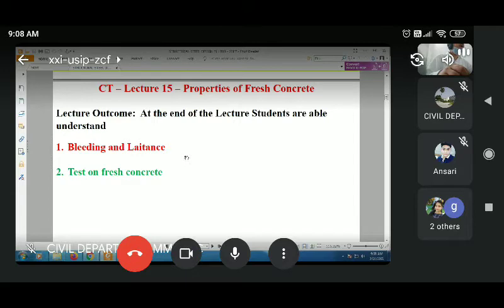Admixtures have two types, chemical and mineral admixtures. And tests on admixtures also, the demo lecture you have seen on the mass con test. Also we have seen the compatibility of admixture with the cement. The cement should not react with the admixture whatever we are using.